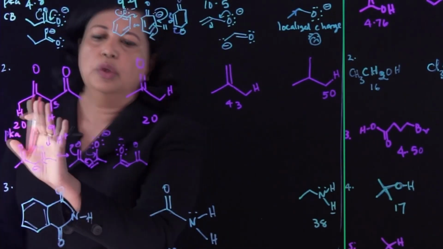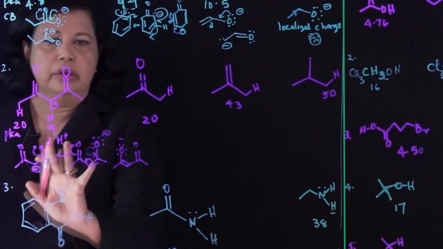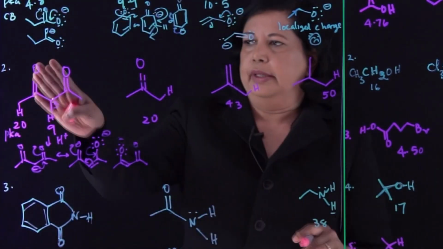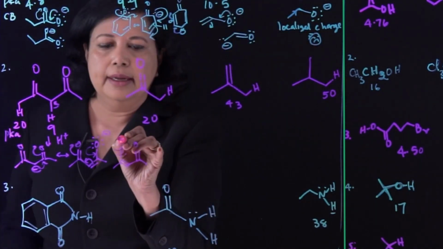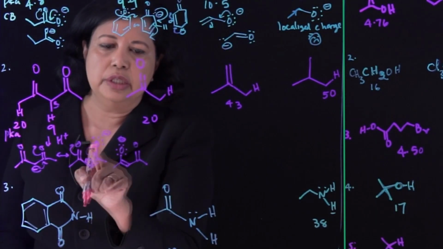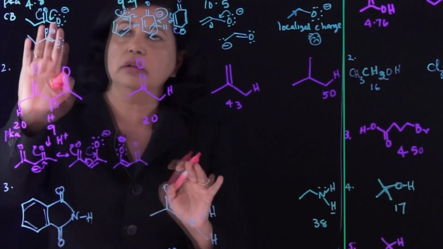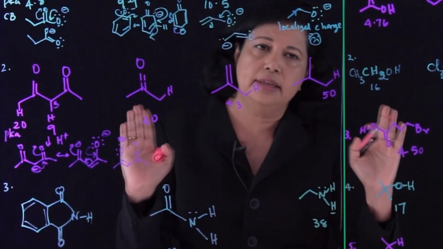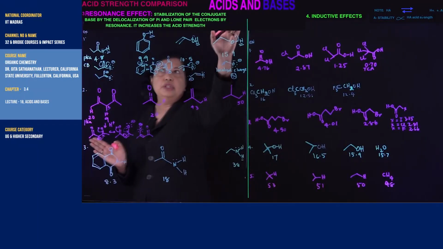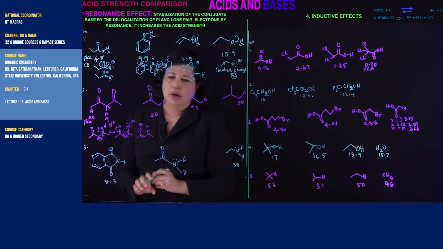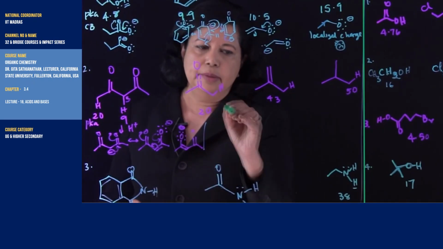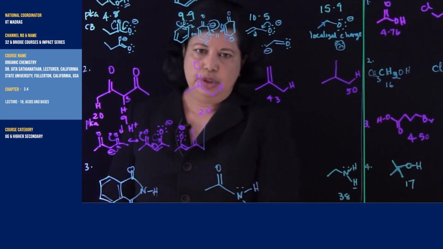It wants to be more over here than, let's say, something that doesn't have a carbonyl. So lots of resonance structures, and resonance structures that have anions on oxygens are like the best case scenario to stabilize your conjugate base.